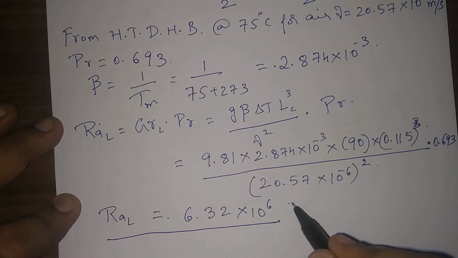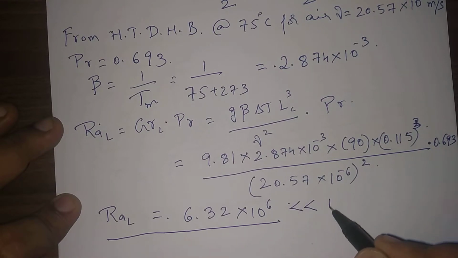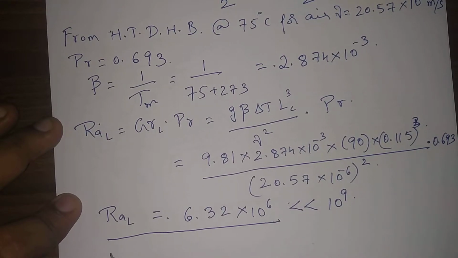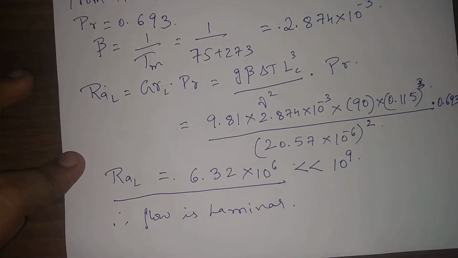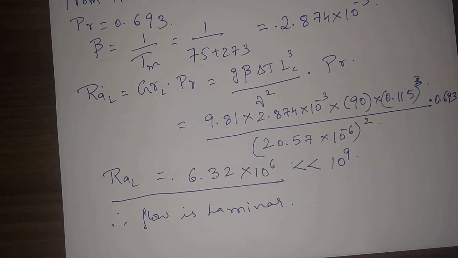Now if you observe, this is very much lesser than 10 to the power of 9. Therefore we can conclude that flow is laminar. So here also, the correlation for Nu is going to vary based on turbulent flow or laminar flow.